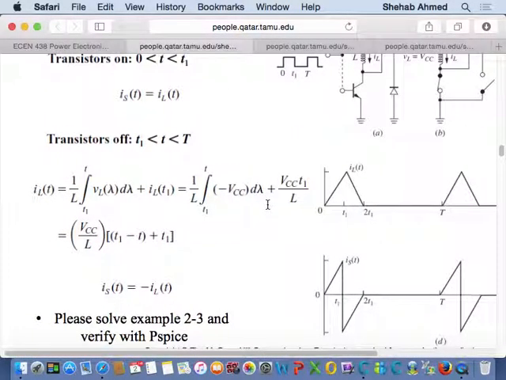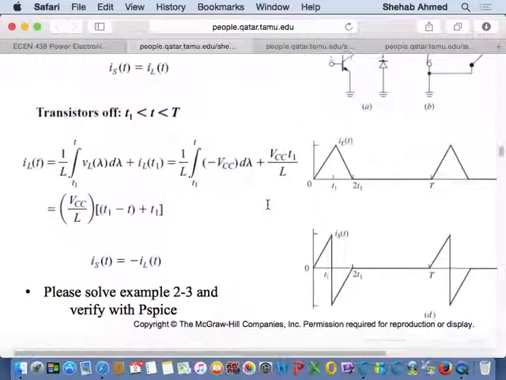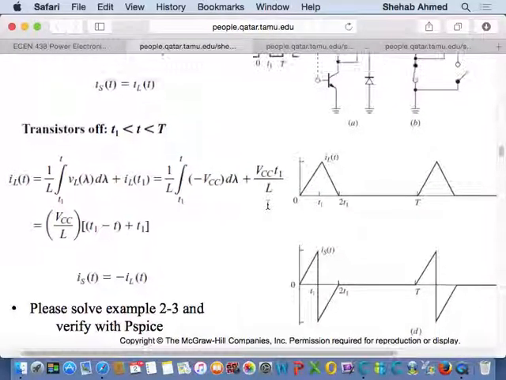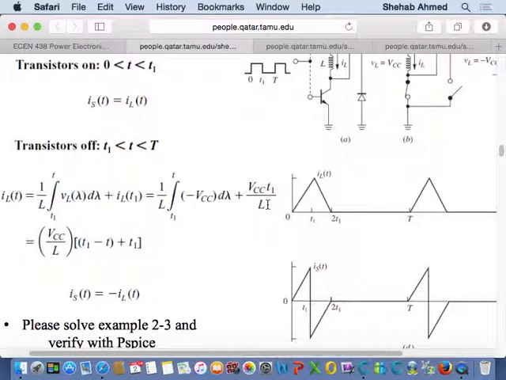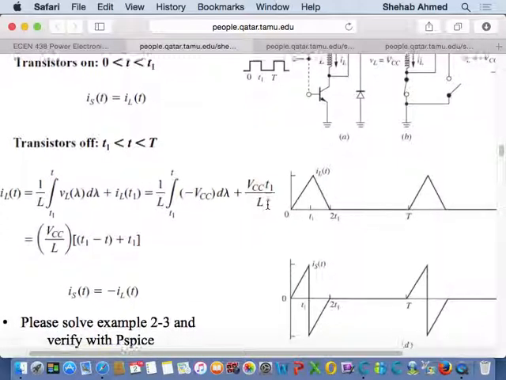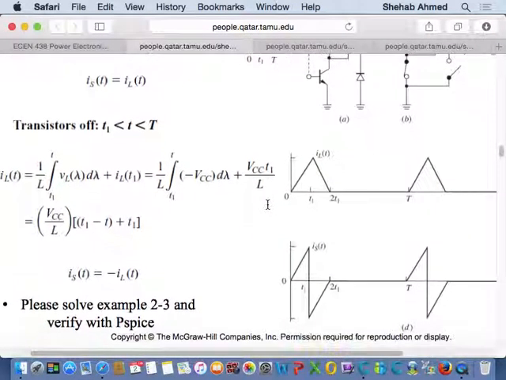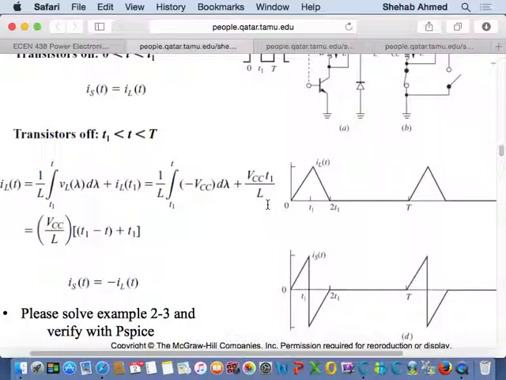And then they go through the same thing, for example, but they ask for power from the source. What is power from the source in this case? What is source average power? They don't do it here, but they do this by PSpice, example 2.3, so you can look at the PSpice solution to it. But what is average source power in this case?